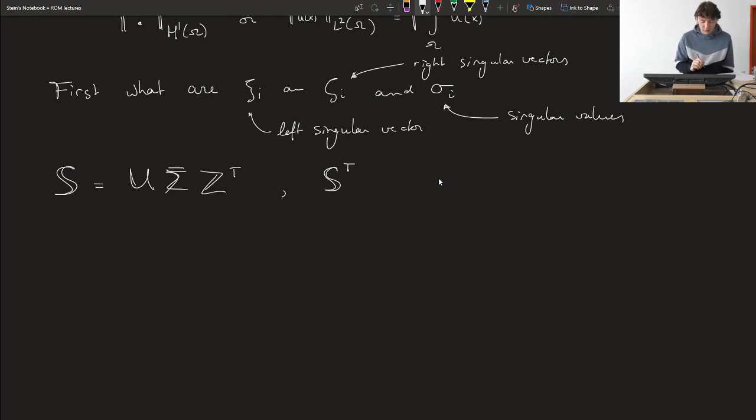So what's a transpose? Well, the way that you would obtain a transpose of a series of matrix multiplications is that you would reverse the order of the matrices, and you would take the transpose of each of those matrices. So what does that end up saying? Well, we're going to start with the Z, we're going to transpose that. Then we have this sigma transpose, and we have U transpose.